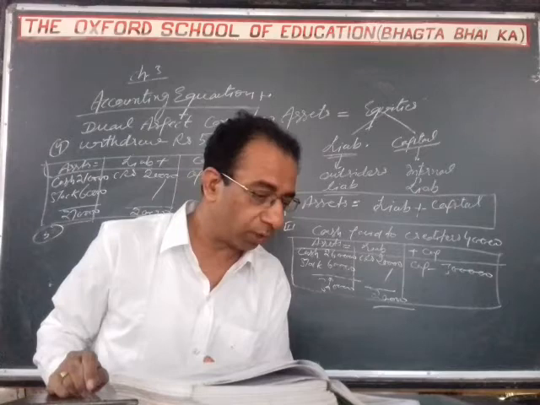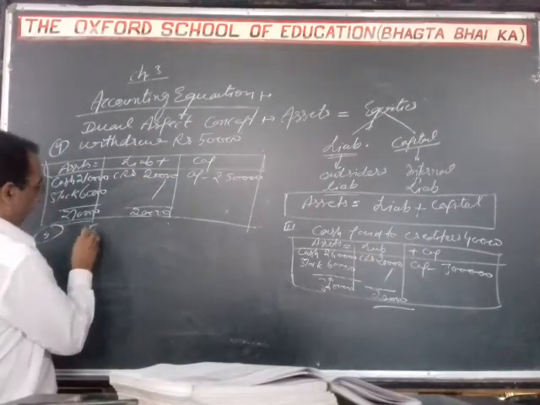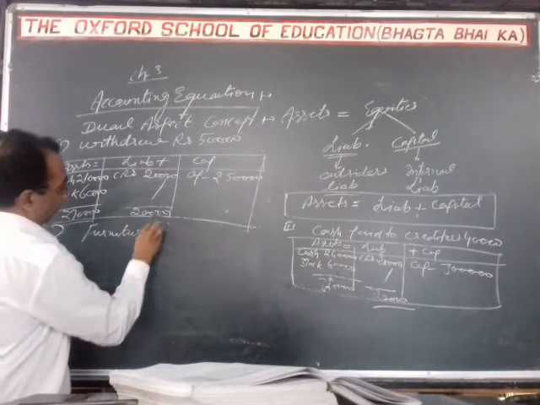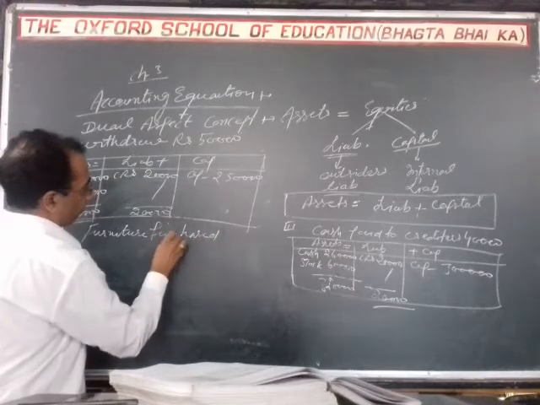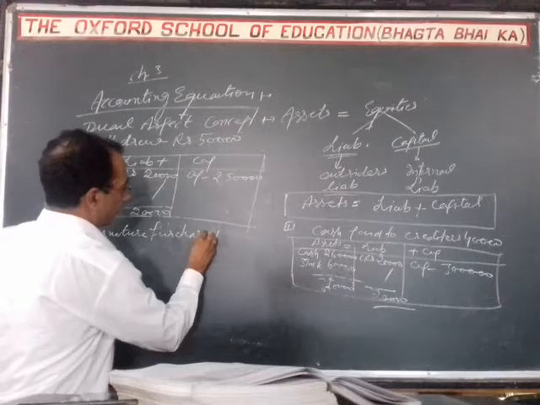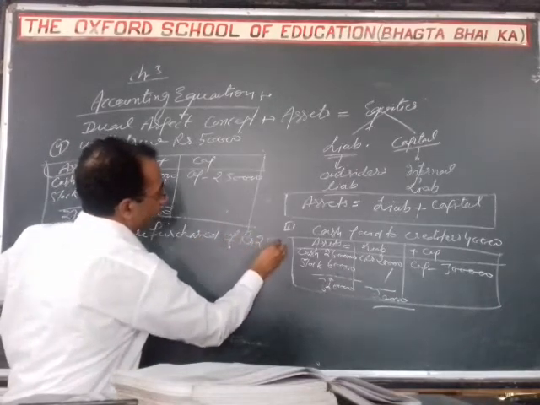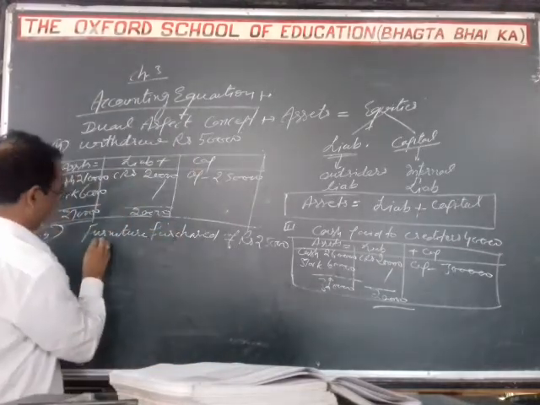Right? Now we try to prepare table number 5. Furniture purchased in cash, rupees 25,000.